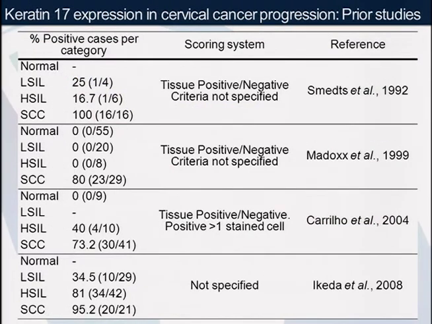Okay, I'm almost done. So we went to the literature and we were encouraged to find what's known about keratin 17 in cervical cancer progression, and we were able to find 4 studies. Here you have the percentage of positive cases per category, the scoring system, and the reference. What is common to all these studies is that they reported an increase of the expression of keratin 17 in cervical cancer.